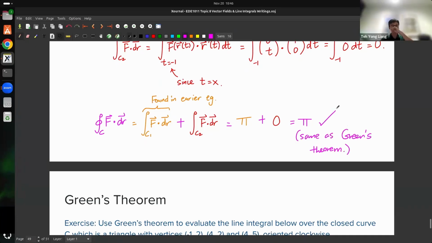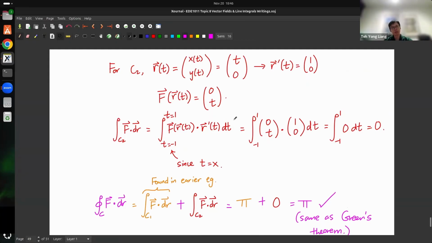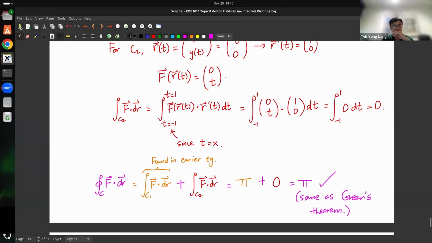Same as Green's theorem. So what's the advantage of using Green's theorem? There can be advantages, but also disadvantages. It depends on the curve given, the path given. It also depends on the vector field. Sometimes for certain vector fields, if you differentiate, you need to use the product rule, chain rule, and so on. If you need the quotient rule, that will be the worst.